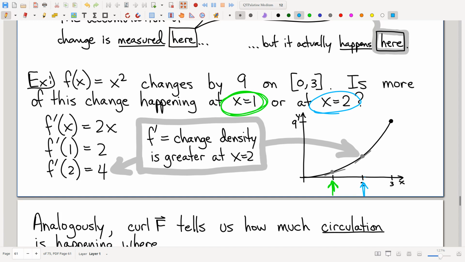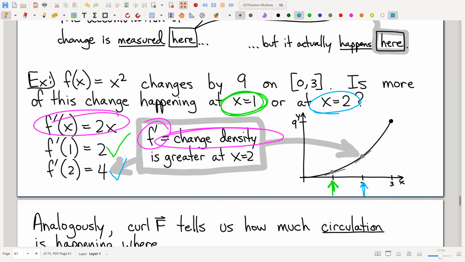Well, the job is done for us by our density. Change density, which is the derivative, which is easy to compute. And you could just straight up compute it at x equals 1 and at x equals 2. And the derivative is clearly greater at x equals 2, between these two options anyway.